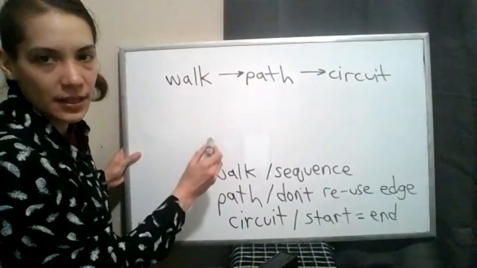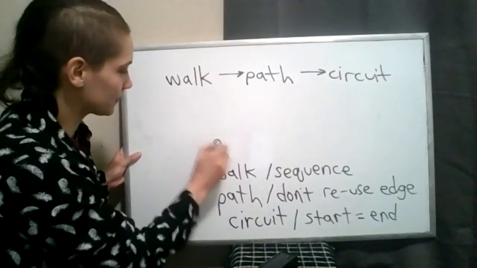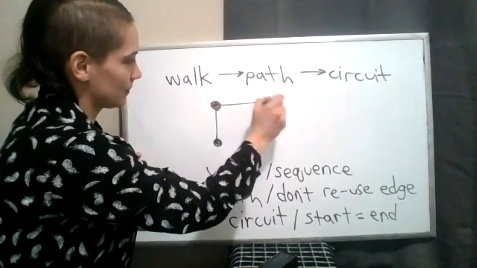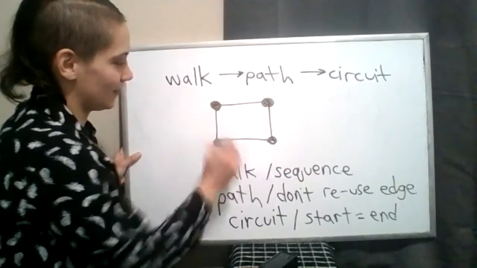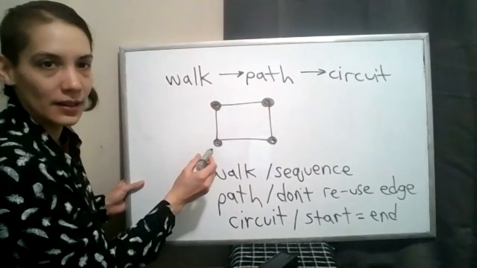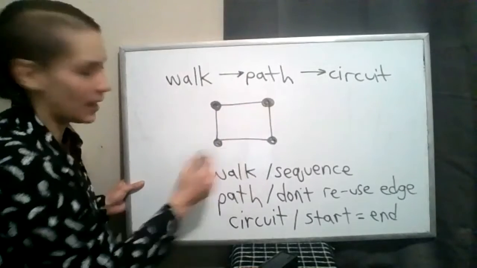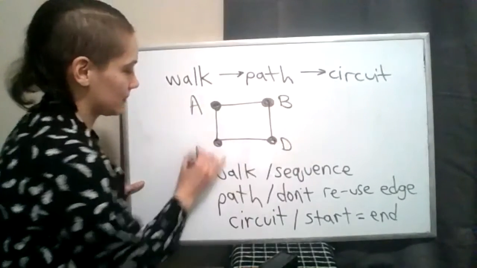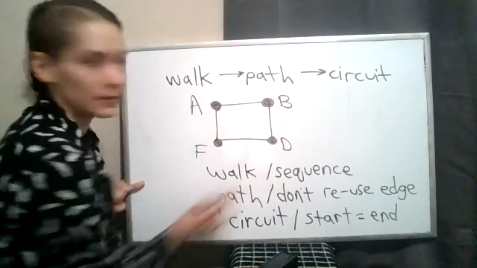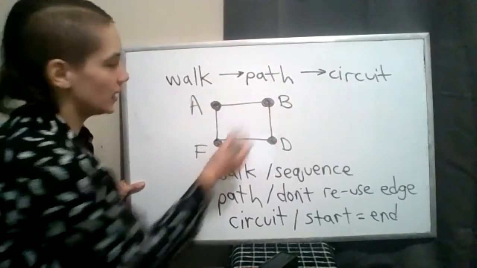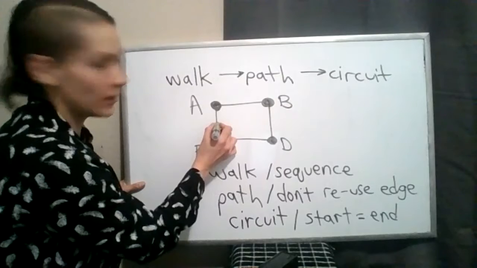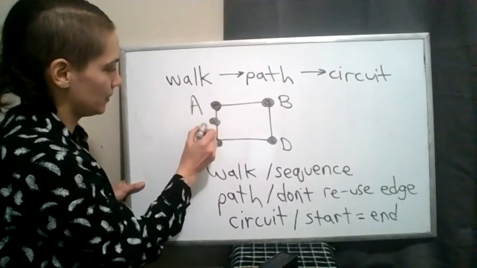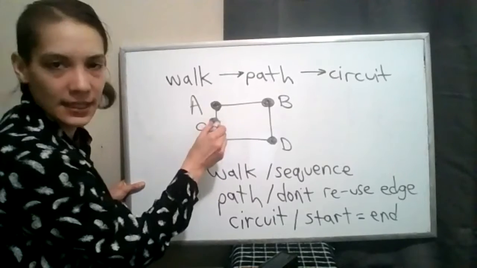The graph starts as a square. A, B, D, F. We're going to put a dot, a vertex right here called C. And then connect C with B.